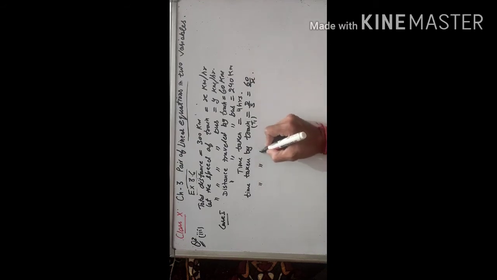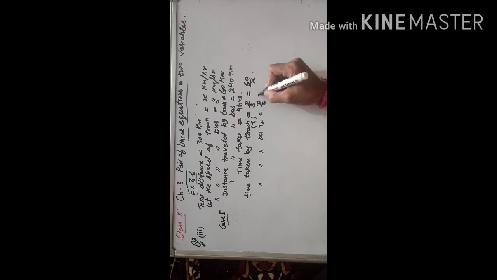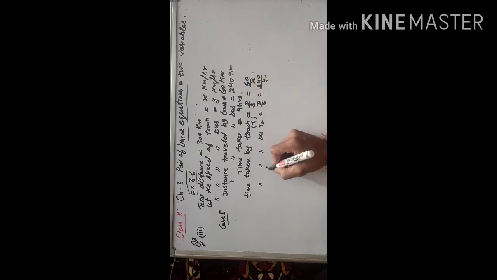Time taken by bus, t2, is distance upon speed, that is 240 upon y. Total time is 4 hours, so t1 plus t2 is equal to 4 hours, that is 60 upon x plus 240 upon y is equal to 4.